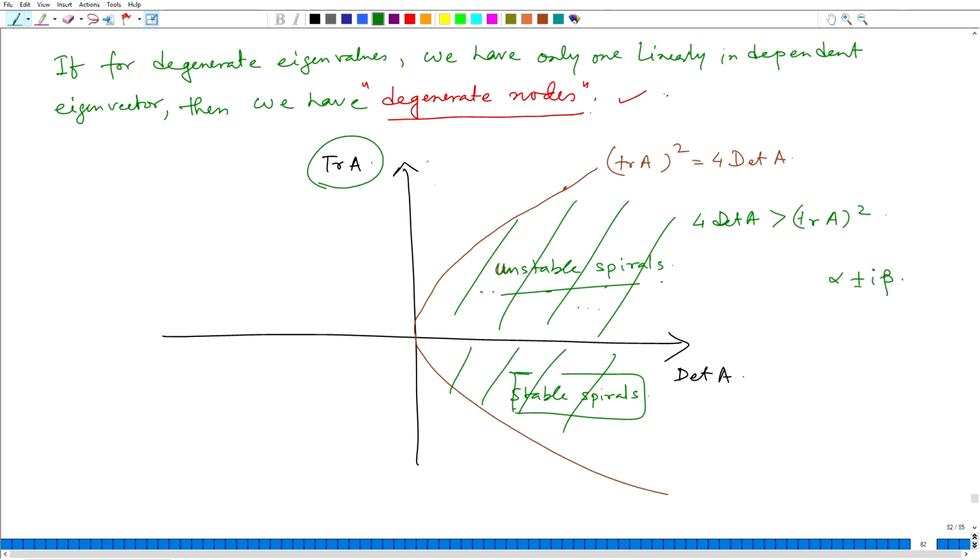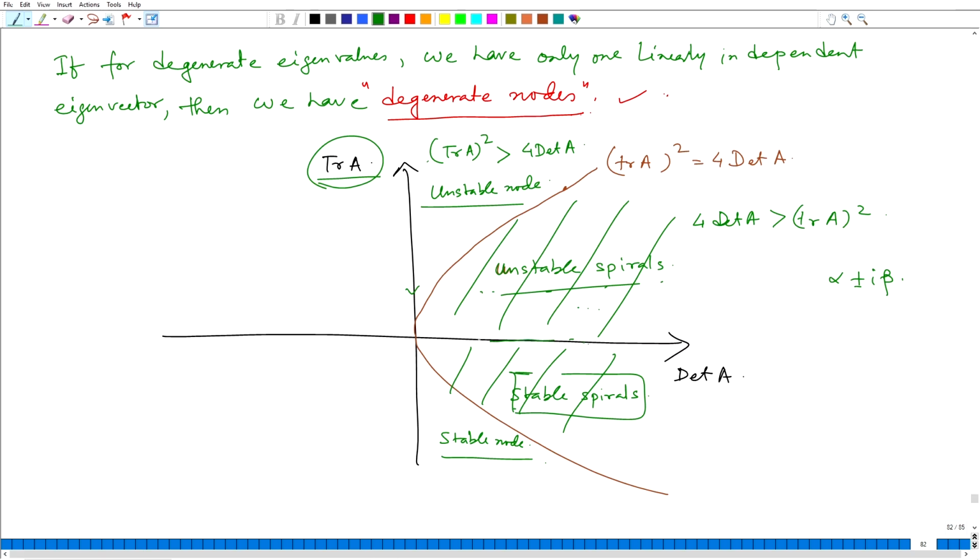Here I put unstable node, and this is the case where you have trace A whole square actually greater than 4 determinant of A. Here you have stable node, again this is the distinction between the case of positive trace A and negative trace A. Here on this line you have trace A is 0.